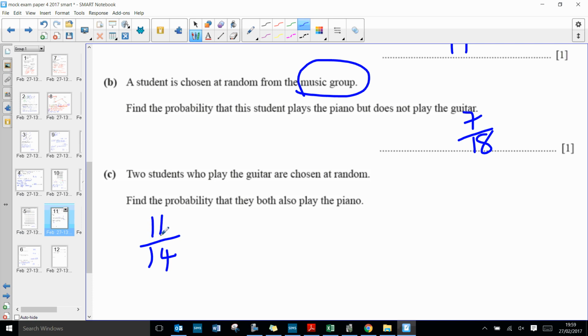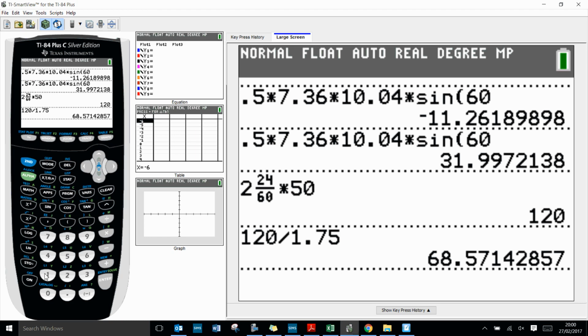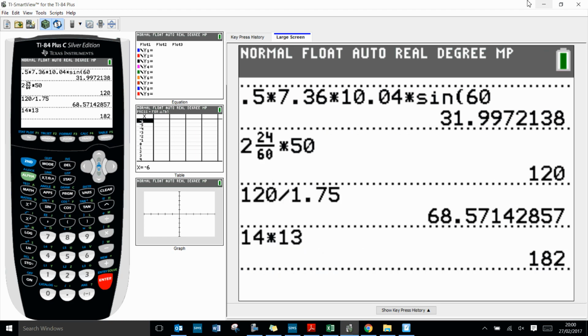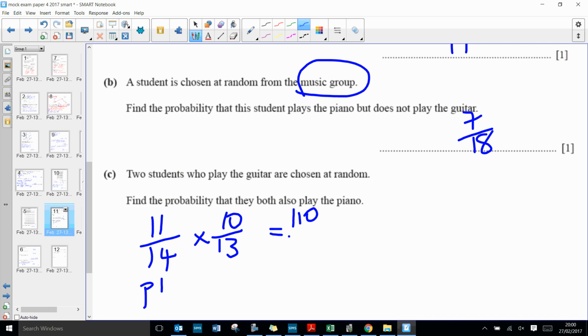So that's person 1. Now once we've taken person 1 out, we then are down to 13 people, and only 10 of them are going to be someone we're interested in. So that gives 110, and 14 multiplied by 13 is 182. There we go.